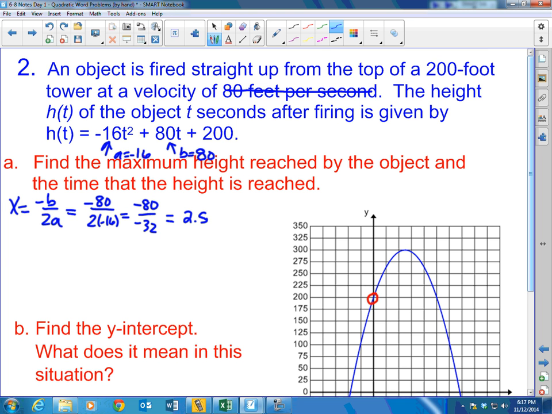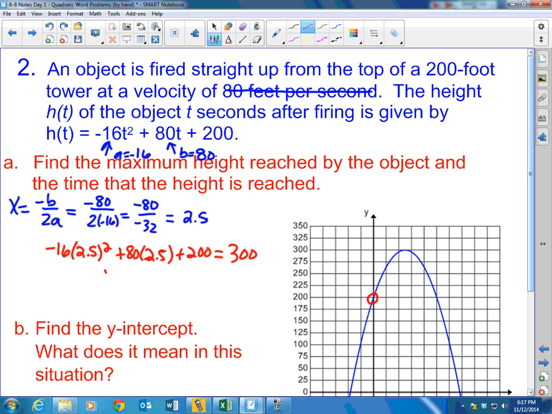Okay, and then of course I will plug that in. So I'll take that 2.5 and I'll plug it in, and I will do negative 16 times 2.5 squared plus 80 times 2.5 plus 200. And when you simplify that, and again, you guys, remember you need to square the 2.5 first and then multiply it by negative 16, just so you know. When you do that, you get 300.